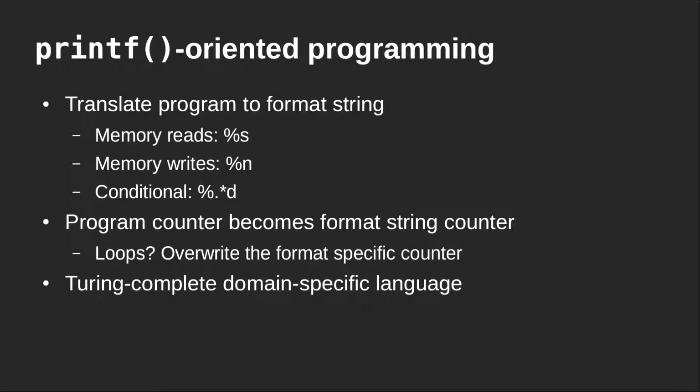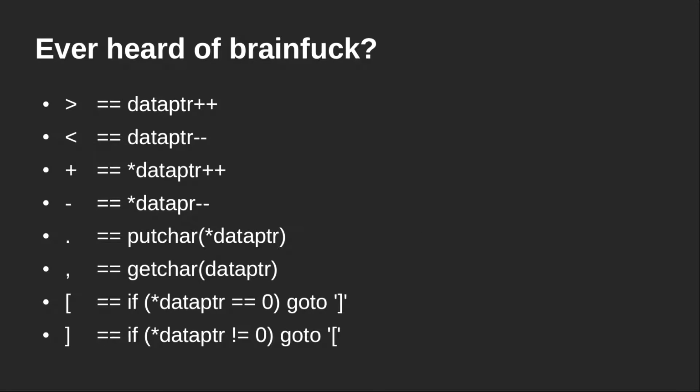And to make things interesting for you, have you ever heard of brainfuck? It's this fun Turing-complete language that only has 8 different symbols. You can move a data pointer forward. You can move a data pointer backward. You can increase the value on the current cell. You can decrease the value on the current cell. You can write a character to the screen.